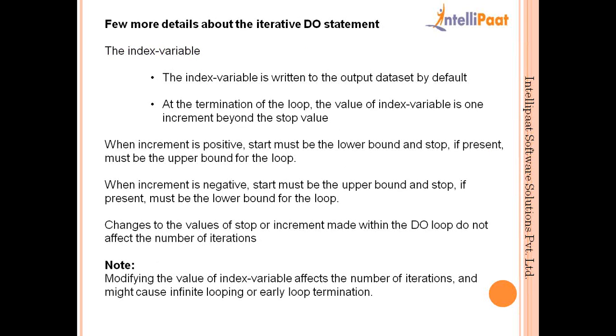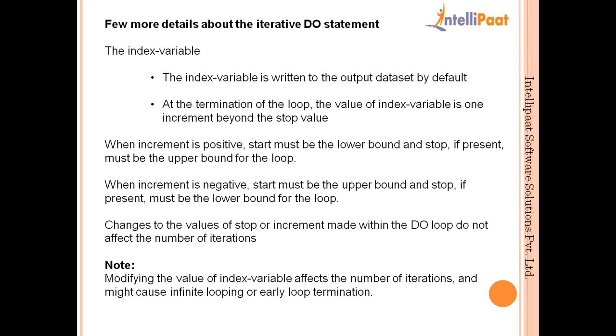The index variable is written to the output data set by default, and at the termination of the loop, the value of the index variable is 1 increment beyond the stop value. When increment is positive, start must be the lower bound and stop, if present, must be the upper bound for the loop. When increment is negative, start must be the upper bound and stop, if present, must be the lower bound of the loop.